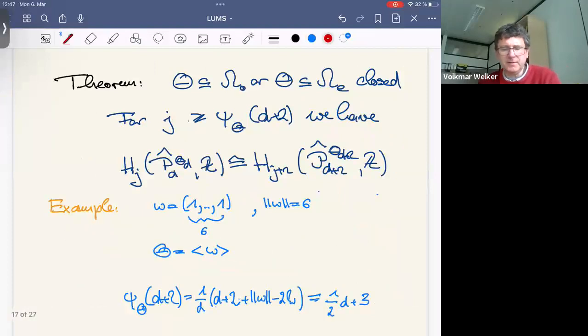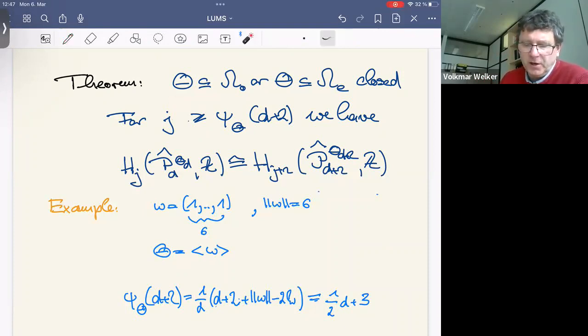Okay, and then we have a theorem that says that in our situation, when we have a given set of odd root multiplicities or of even root multiplicities that are closed, and if we have a j larger than this strange function, then the jth homology group and the (j+1)th homology group coincide for the space for the root multiplicity restrictions in polynomials of degree d and polynomials of degree d plus 2.